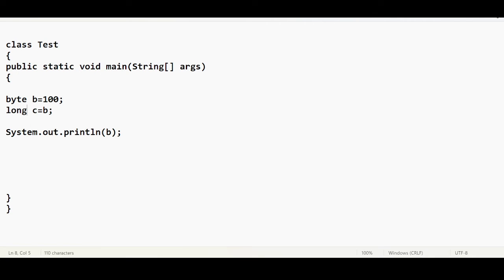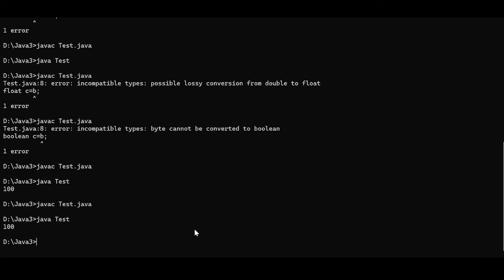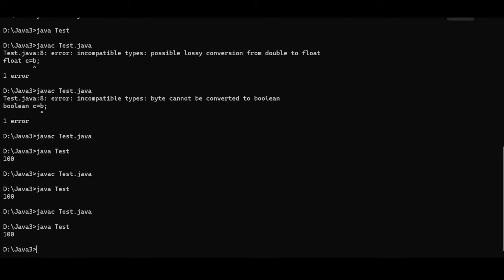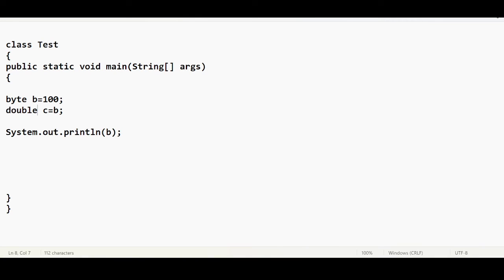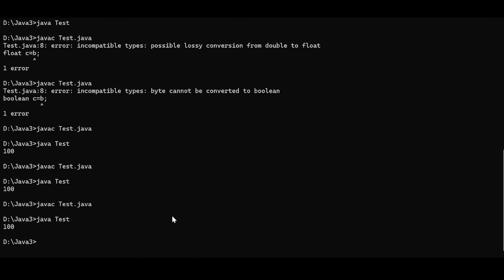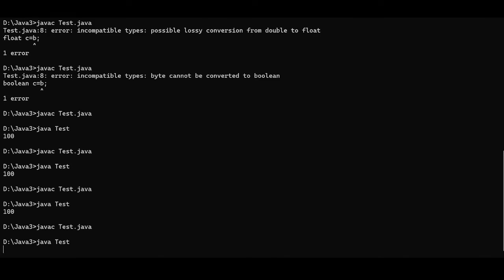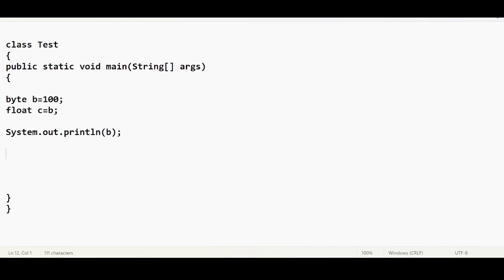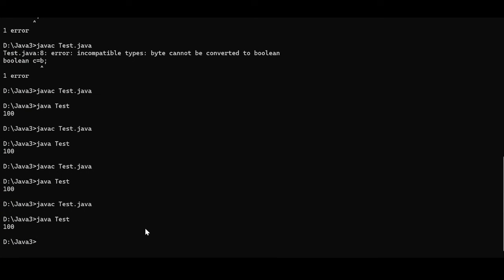I don't think any discussion is needed. Double, hundred. Float, hundred. Do you see any changes to the value?